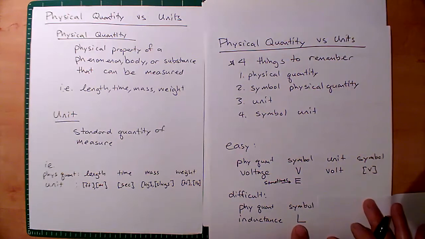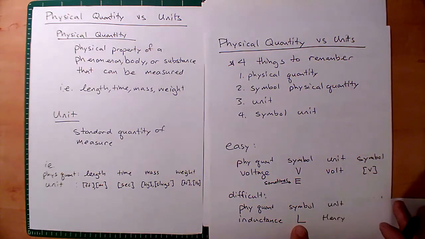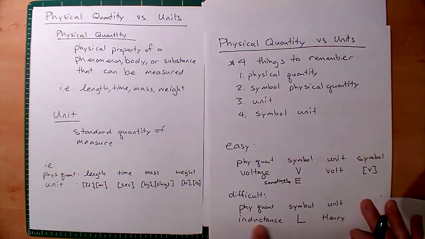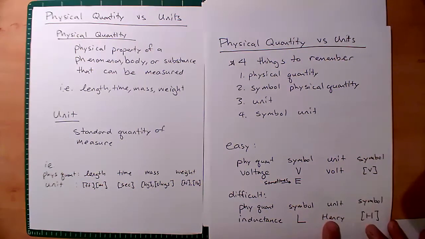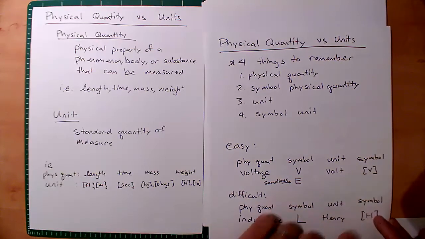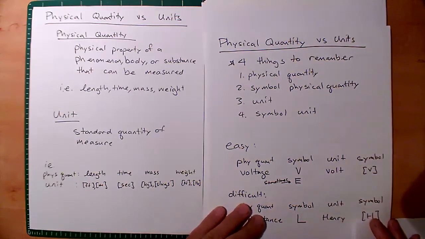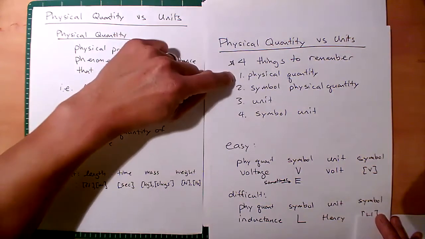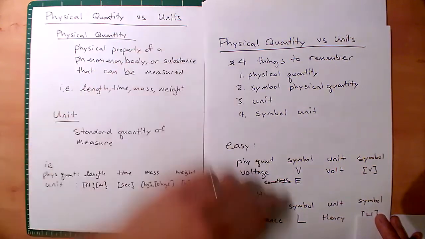The symbol is L, and then the unit is actually a Henry. So notice all the differences: I, L, H, where this is V, V, V, V. So a little more difficult. And the symbol for the unit at least matches the Henry's H, and again, I put hard brackets just to delineate. So again, four things to remember: physical quantity, symbol for the physical quantity, unit, and the symbol for the unit.